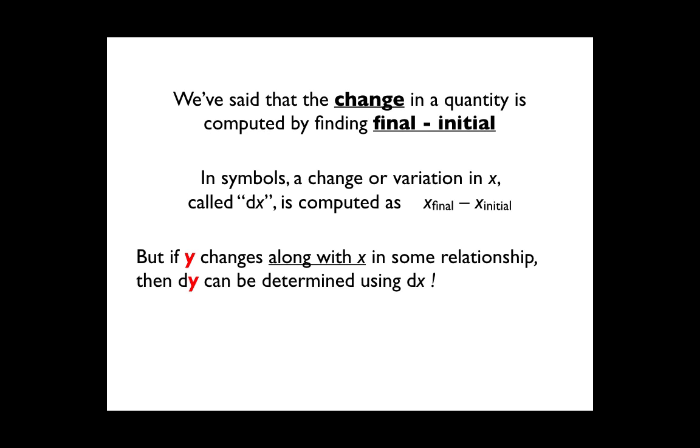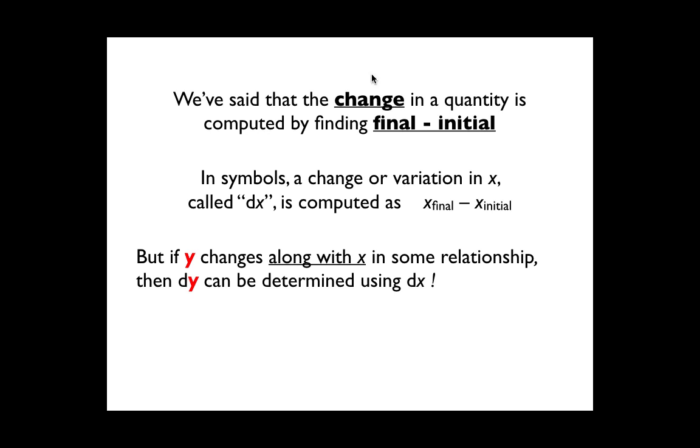Those are just one thing at a time. If I'm trying to relate two things, if y is changing along with x, if one thing causes a second to change, or if both things change in conjunction with one another, regardless of whether one causes the other or they both just happen to change, we can find how much one changes because of the other if we know enough about them.